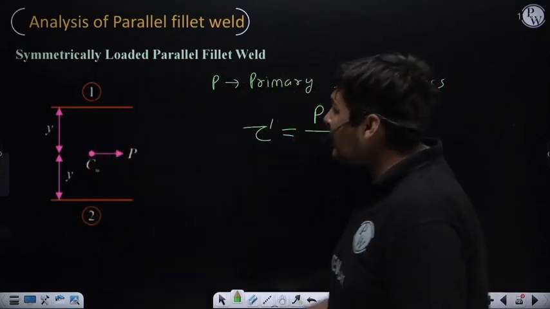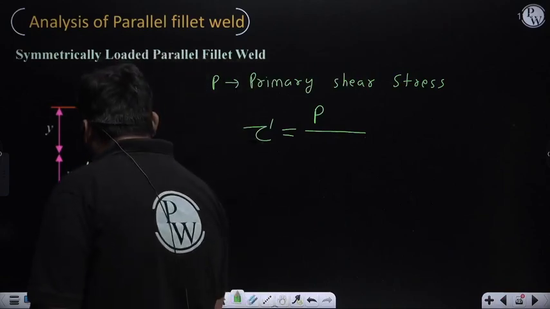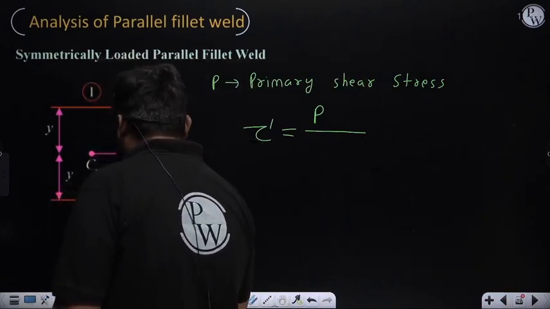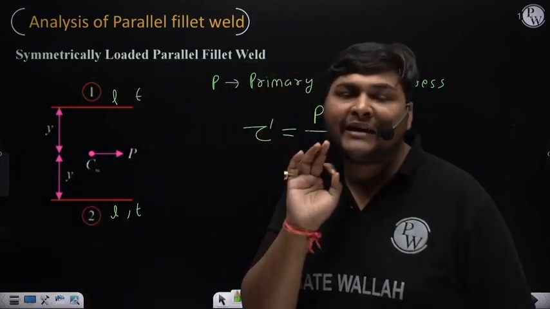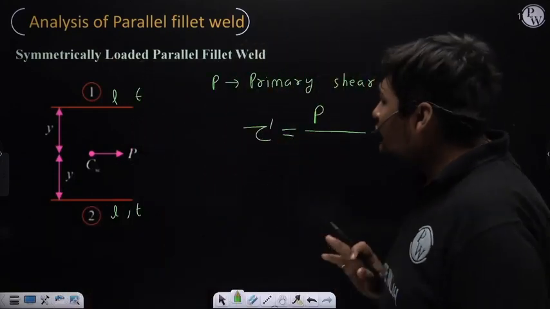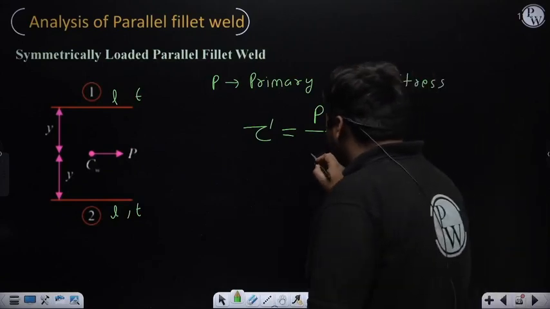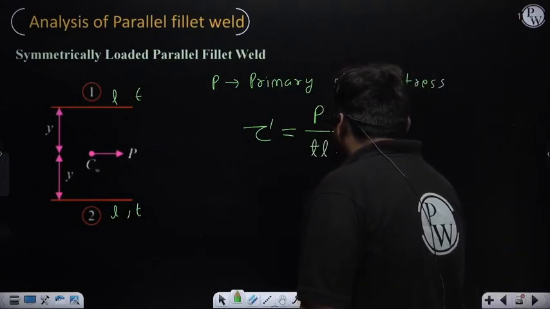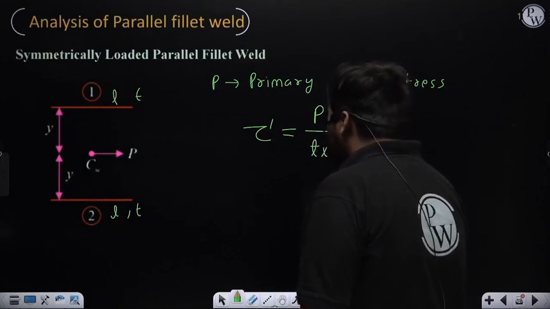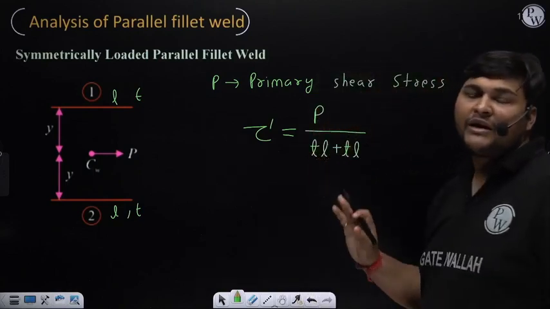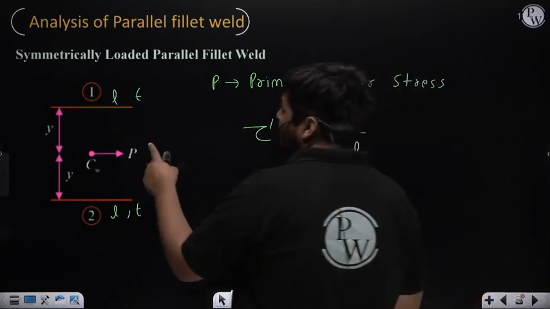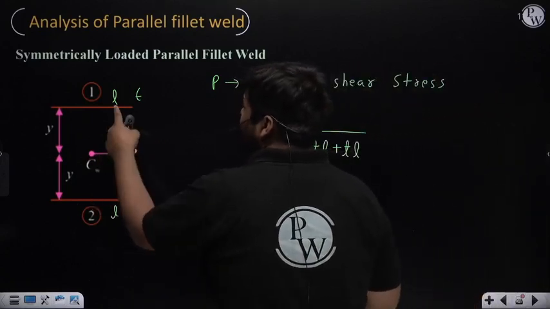The length of weld 1 is L and the length of weld 2 is also L. The throat of weld 1 is T and the throat of weld 2 is also T. If the examiner has given the leg dimension, you can calculate the throat. So the throat area of weld 1 is TL, and the throat area of weld 2 is also TL, because the length of both welds is the same, since we are talking about symmetrical loading. And in symmetrical loading, to ensure force P passes through the combined centroid, we take the length of both welds exactly the same.